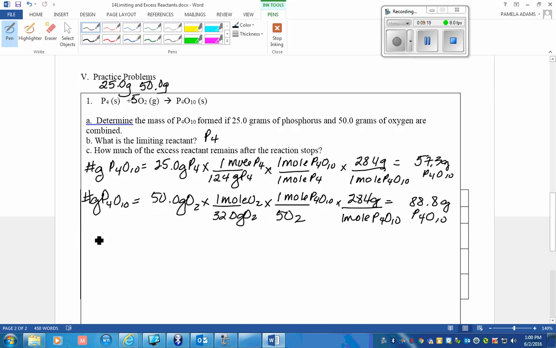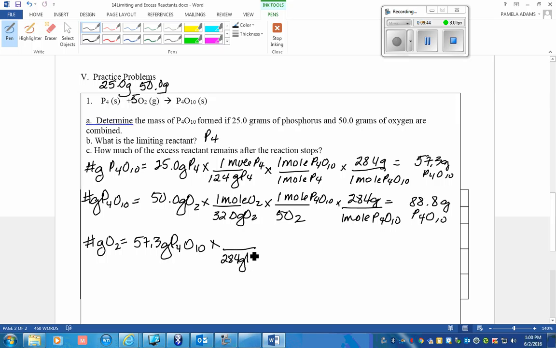How much? Well, we can find that out with stoichiometry. We would like to know the number of grams of oxygen that were converted into 57.3 grams of P4O10. And this kind of looks like the same problem we did before, only backwards.